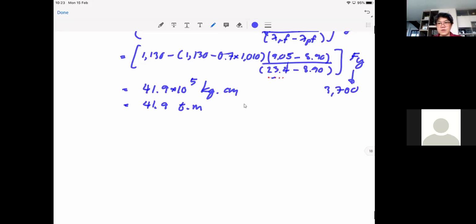So that's it. After checking the local buckling, this extra example demonstrates that it has a local buckling issue and therefore it will not be able to reach MP. This value after the calculation should be less than MP. Okay, so you should always check the local buckling of your flexural members.